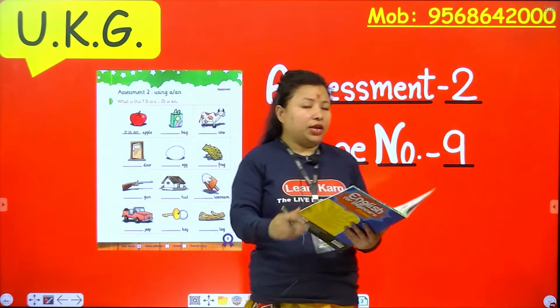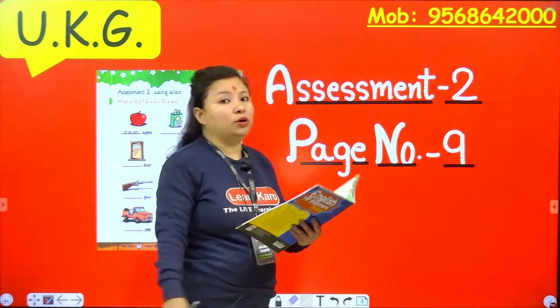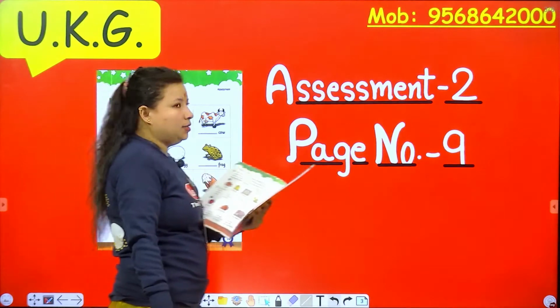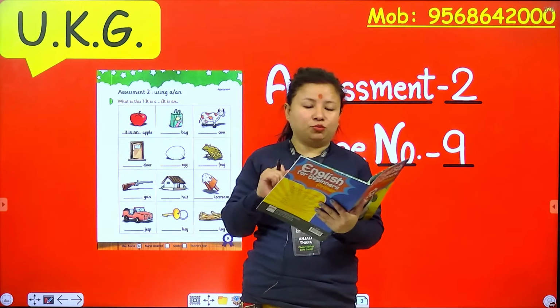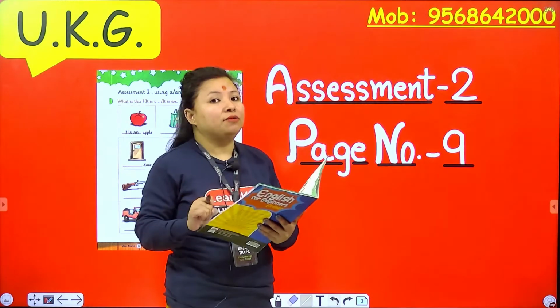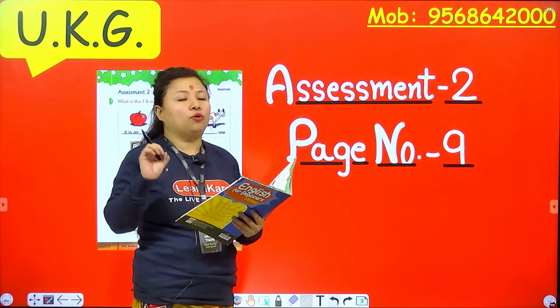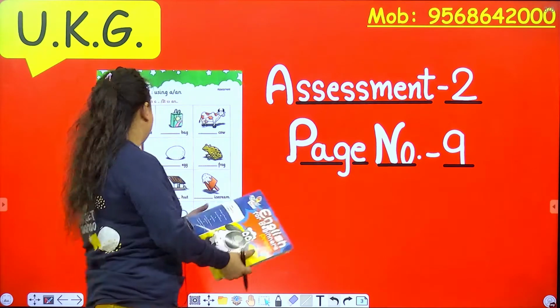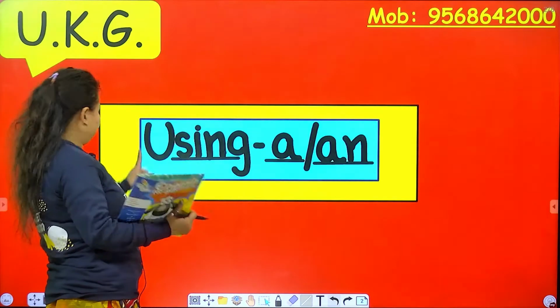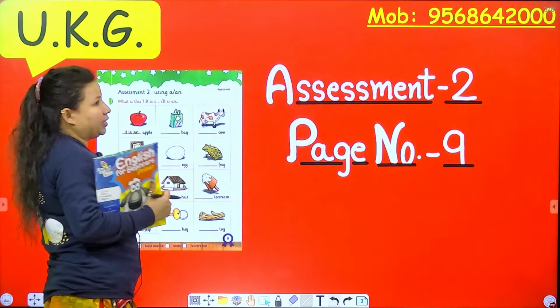So, today what we have to do? Now it's time to learn or revise the previous work. In my previous class, we had learned about the use of a or an. So, today it's activity time.